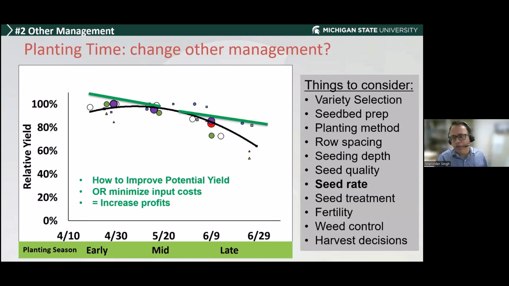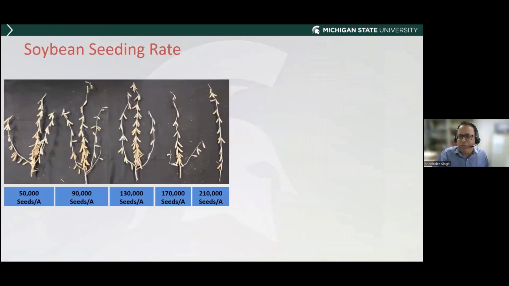The one we'll look at here is the seeding rate piece of it, right? Because that's something on everyone's mind right now. How many seeds do I drop to maximize my yield without putting too much cost to it, right? I have shown this figure to probably you all before. It shows the ability of the soybean plant to compensate, the plasticity of the plant, so to speak.